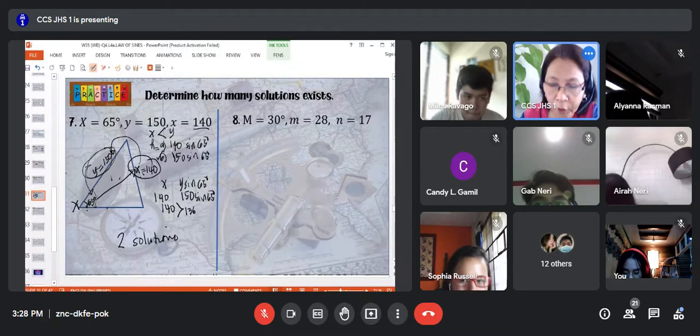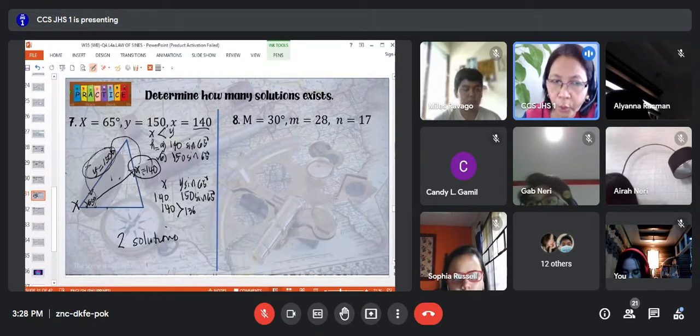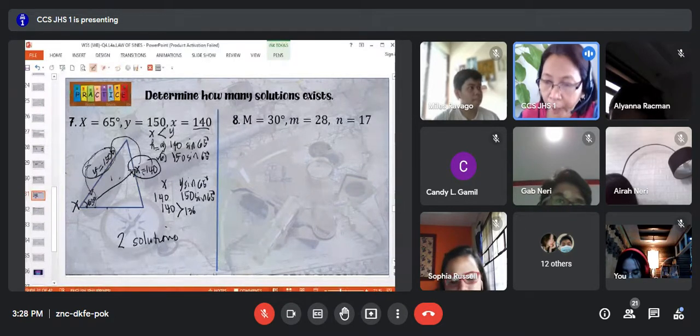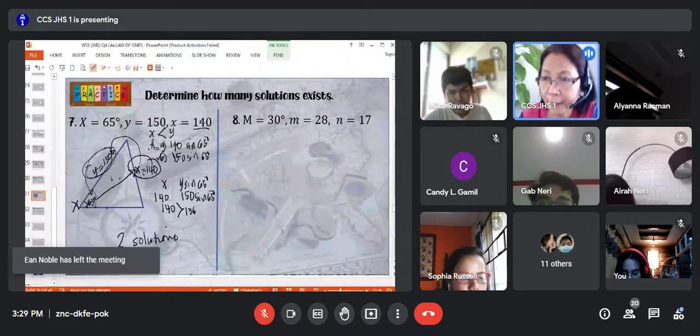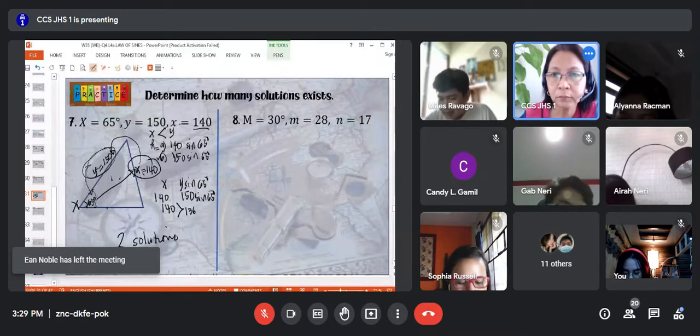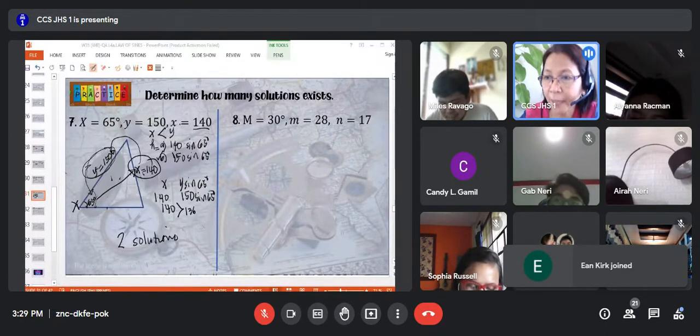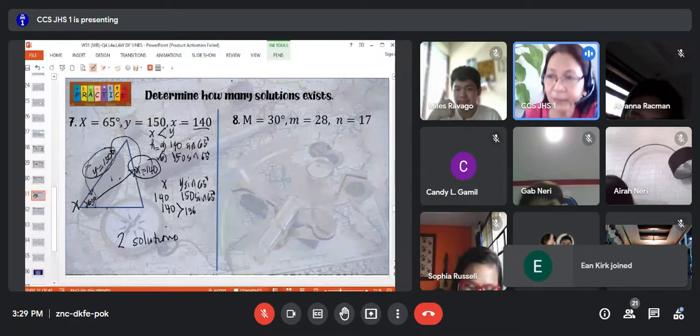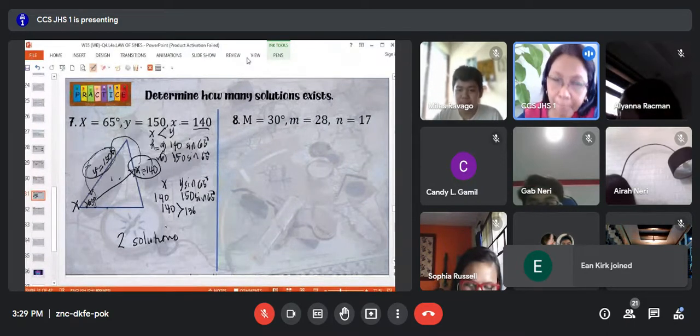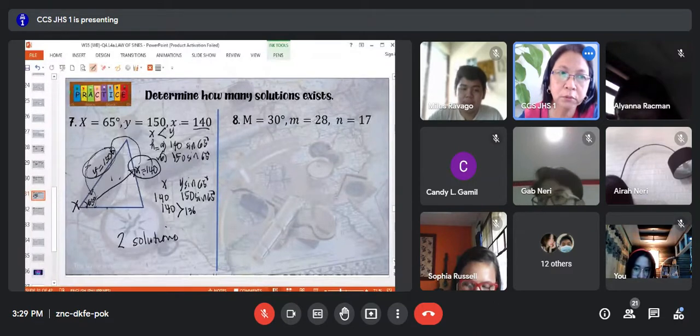Clear? So you need to draw the figure if you cannot visually determine right away what you are going to compare. Did you understand? Miles, the side opposite the given angle is compared to the altitude.